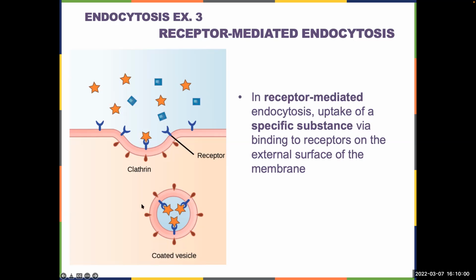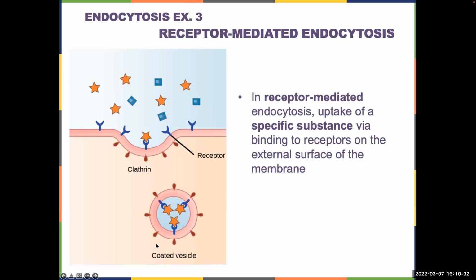And there's more receptors involved to deal with the next steps of dealing with what you caught, what you brought inside. So receptor-mediated endocytosis is the uptake of a specific substance using specific receptors. When that substance binds to those receptors on the external surface of the cell membrane, it brings that substance inside and traps it in a vesicle.